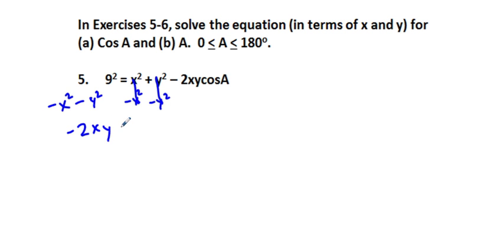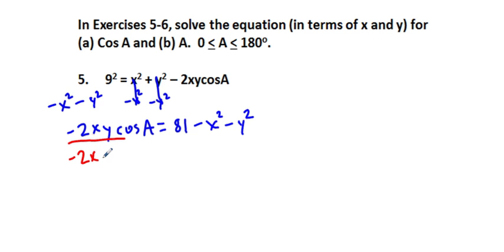So we end up with negative 2xy cosine A is equal to 9 squared. I guess we can just call 9 squared 81, minus x squared minus y squared. So we just switched this negative 2xy cosine A over to the other side of the equal sign. Our next step is to divide both sides of the equation by negative 2xy.